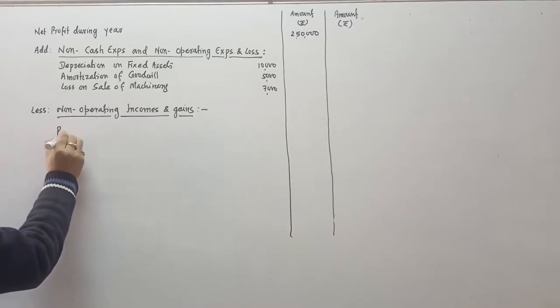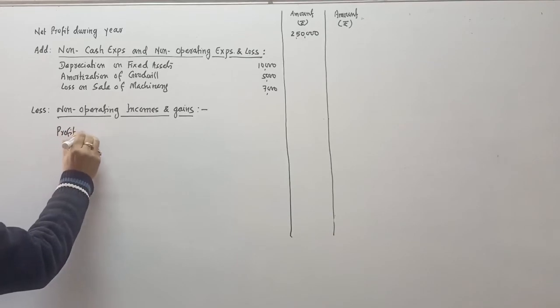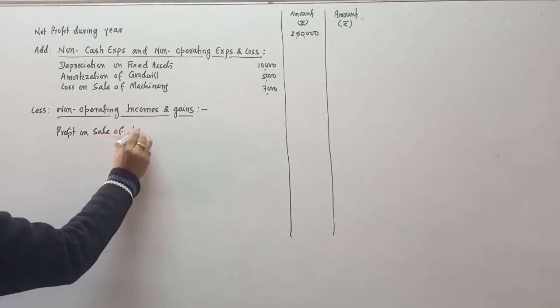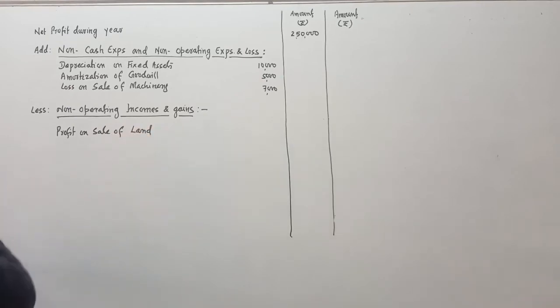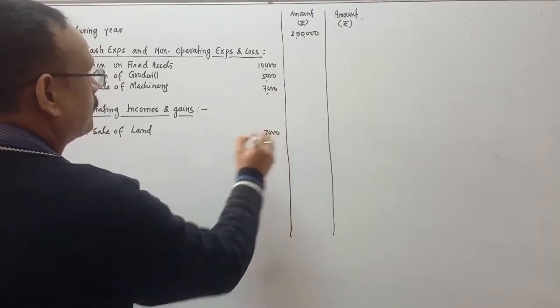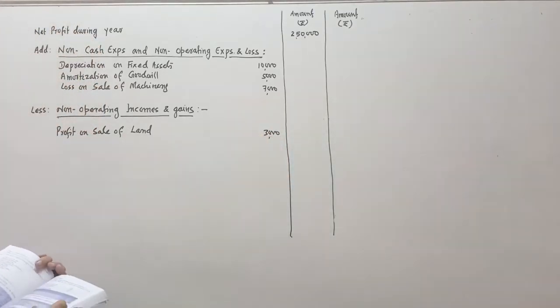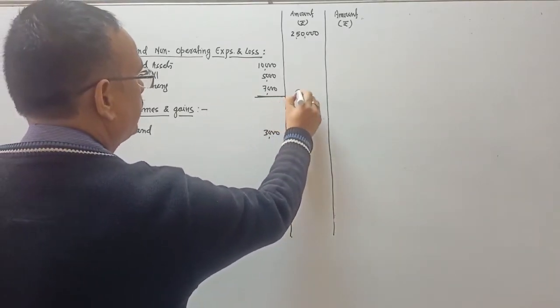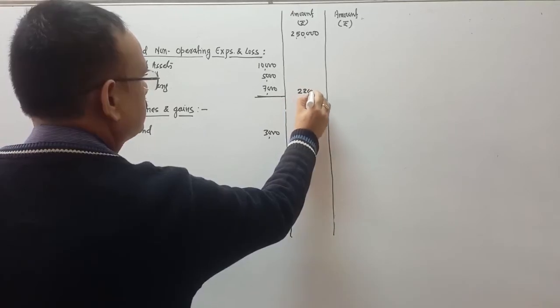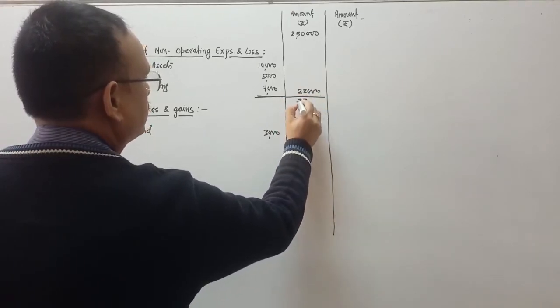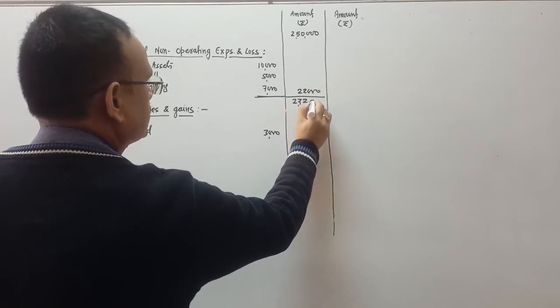Profit on sale of land is 3,000, which we will deduct. So we are going to add 22,000. Now it is 2,72,000.